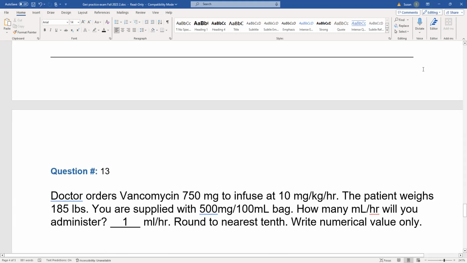All right, this is another weight-based one. See if you can do it on your own. 168.2.